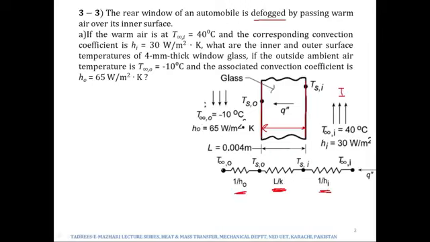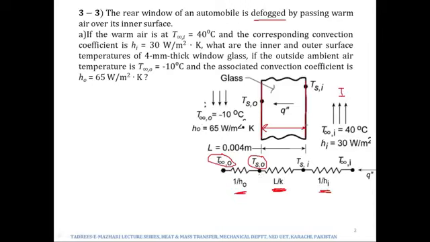Now at the nodes of the thermal network, for the convective resistance 1 over h0A, the convection is taking place between the fluid which is at T infinity naught and the outer surface of the glass which is at Ts naught. So at the two nodes we would have T infinity naught and Ts naught.